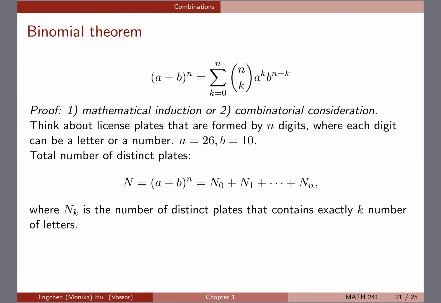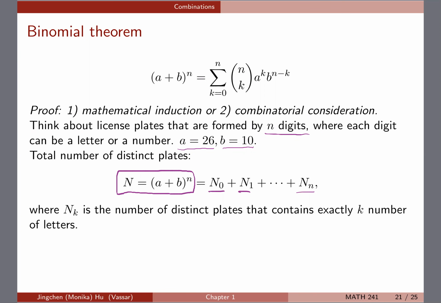Here we included an example thinking about the license plates that we did before. In particular, suppose we have license plates formed by n digits, and each digit can be either a letter or a number, which is equivalent to a equals 26 and b equals 10. This is an extension of the example that we saw before. The total number of distinct plates you can come up with will be a plus b to the power of n, and we list all of the combinations here.